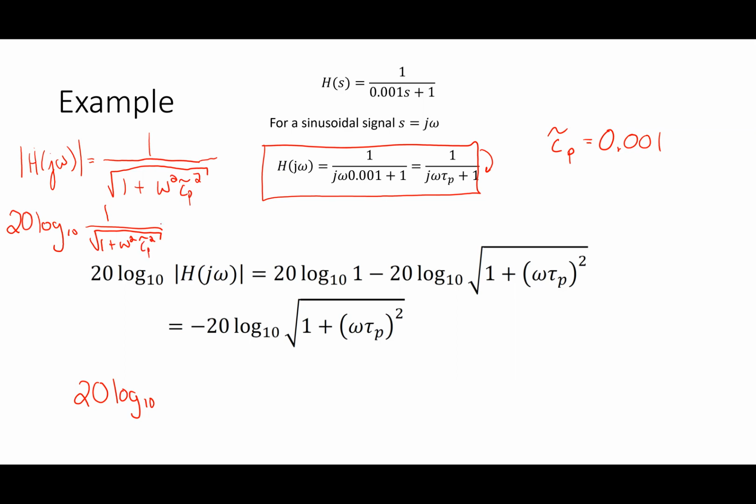Shouldn't j squared equal -1, so it would be a minus? This is the problem with MATLAB, right? So if I have 1 plus j omega times 0.001, what's the imaginary part of that number?